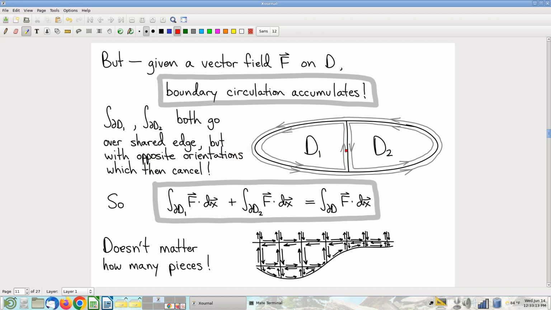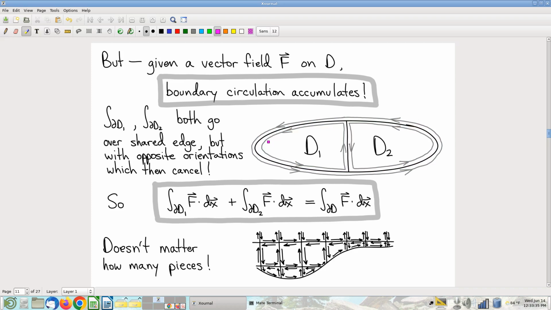So it's a little bit of a weird thing that even though we compute boundary circulations on the boundary, as it says, it's right there in the name, right? Boundary circulation. You think of it as being on the boundary. I'm going to encourage you to try not to think of it as something that's on the boundary.